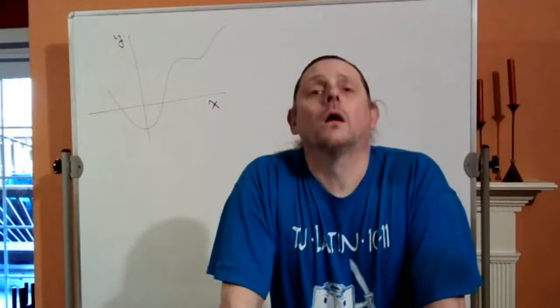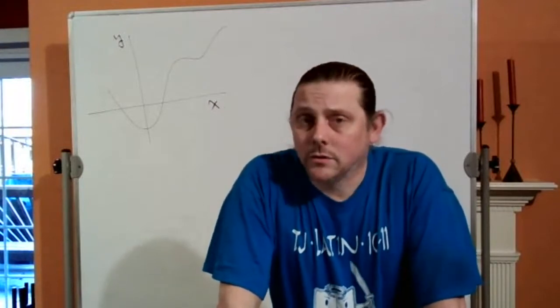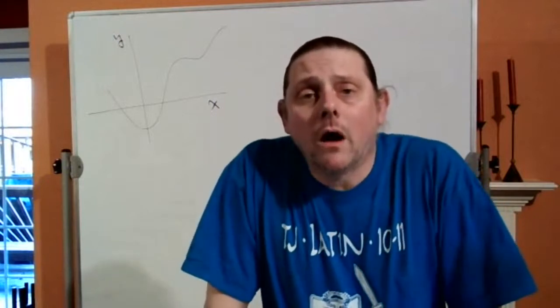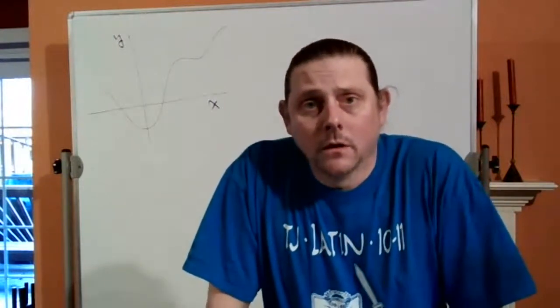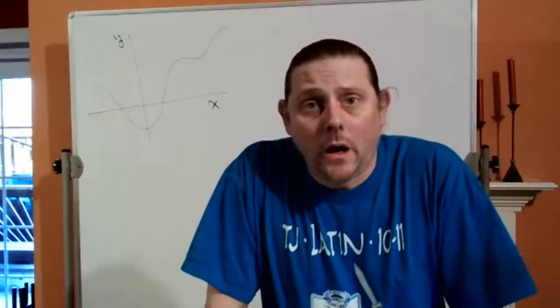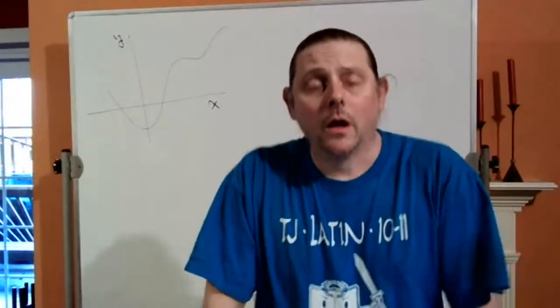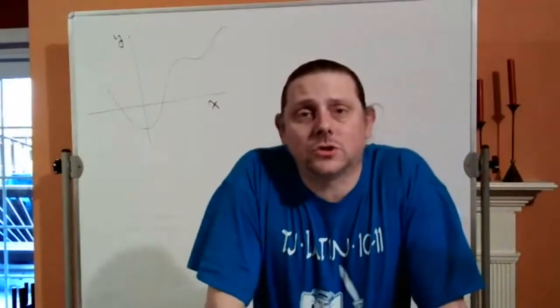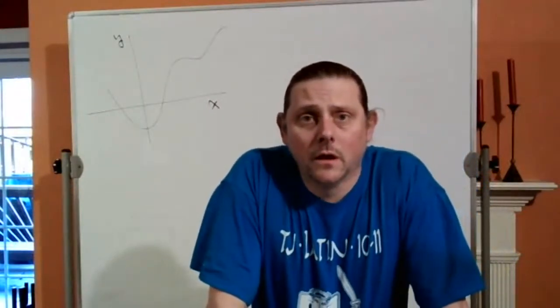Unfortunately, those graphs rip apart the full complex function. All right, if you take the real part and the imaginary part and you separate them, you're doing violence to the function.